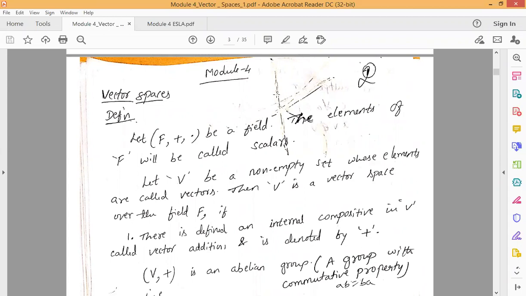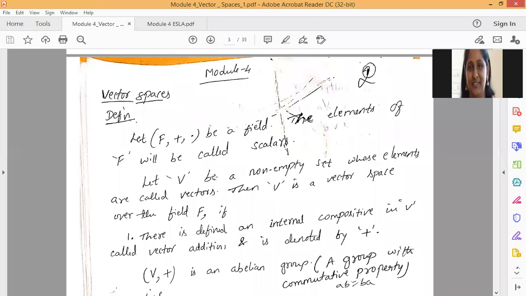Here we have taken V as a non-empty set and the elements present within V will be considered as vectors. For example, I take u, v, w. These u, v, w will be considered as the vector elements, but whatever elements are present in F will be considered as the scalar elements.